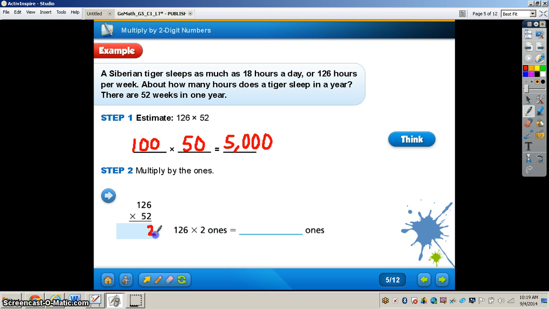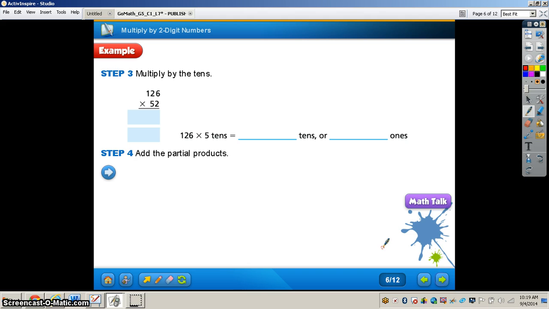Put my 2 in my 1's place and carry my 10 over. 2 times 2 gives me 4, plus 1 gives me 5. 2 times 1, but that 1 actually represents 100, so 2 times 100 is going to give me 200, but we'll just simply write a 2 here. So 126 times 2 ones equals 252 ones. That's what's called the partial product. We're not finished yet. We're going to keep on moving to step 3.